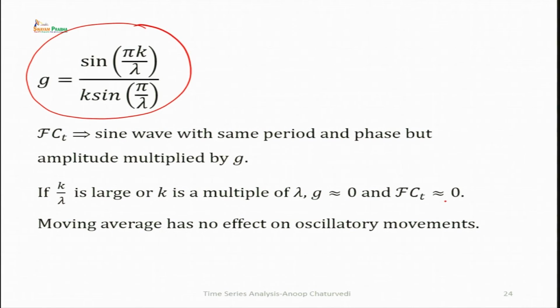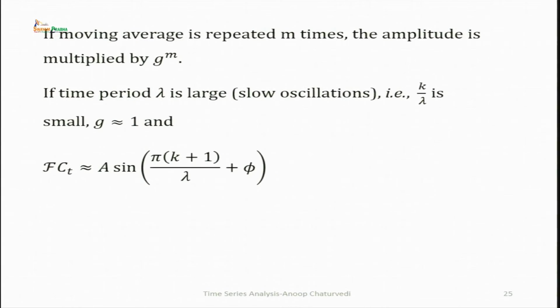So, in this case, the moving average has no effect on the oscillatory movements. So, the moving average does not affect your periodic component or periodic variations. If moving average is repeated say m times, then the amplitude is multiplied by g to the power m.